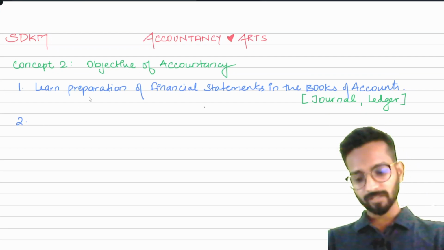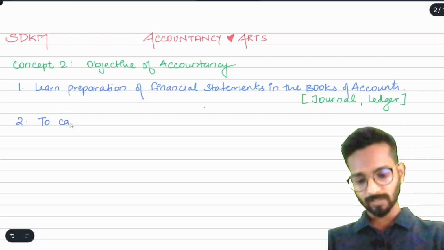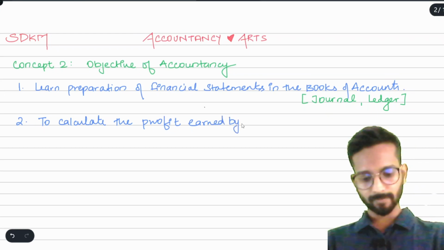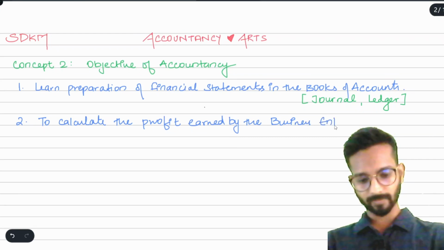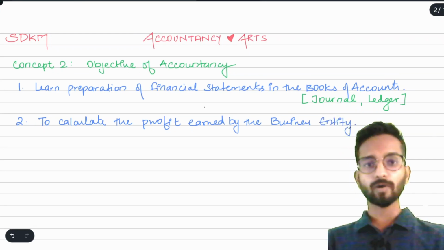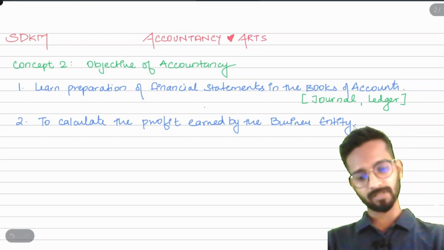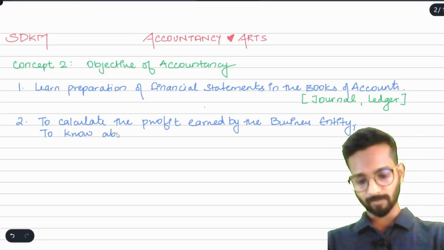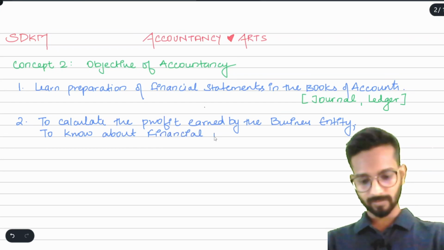See, we prepare the financial statements to calculate the profit earned by the business entity and to know about the financial position of our business entity. Easy enough.